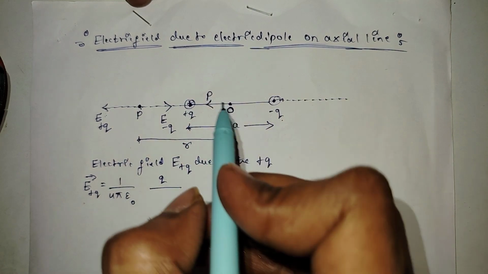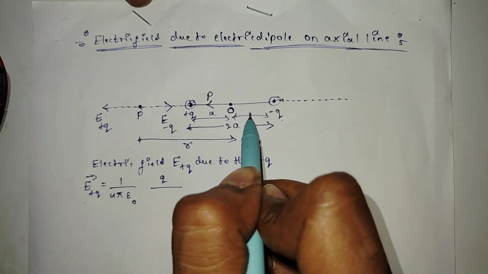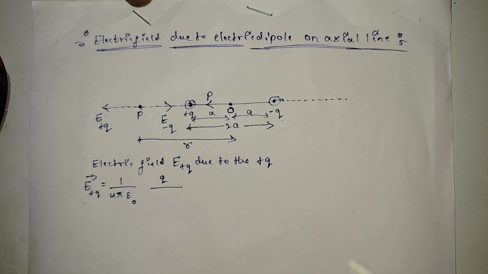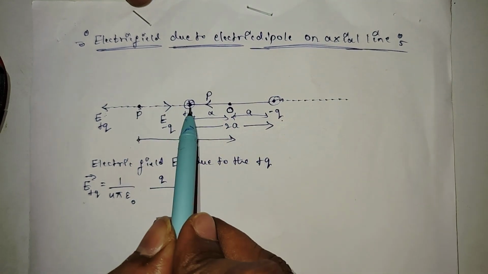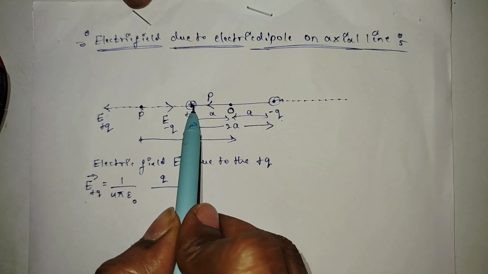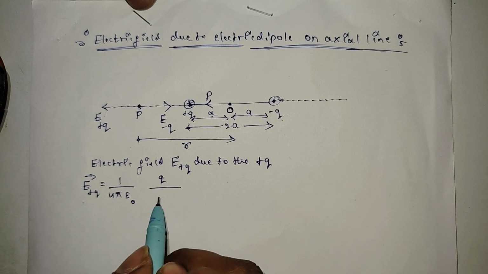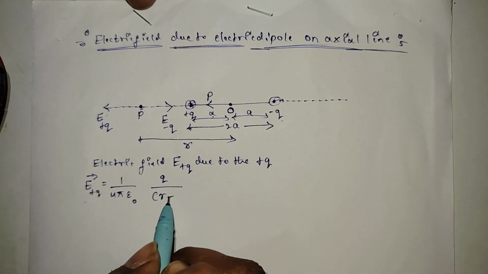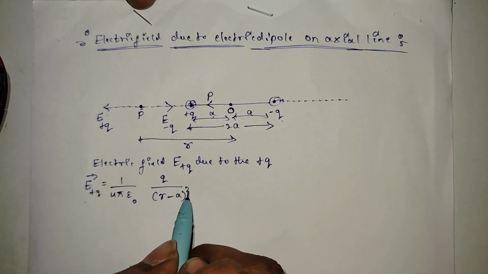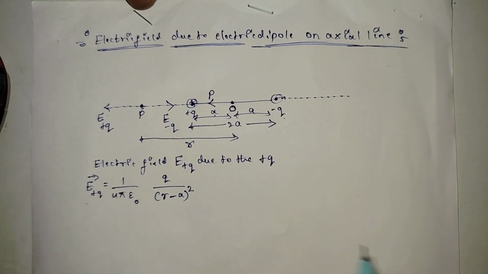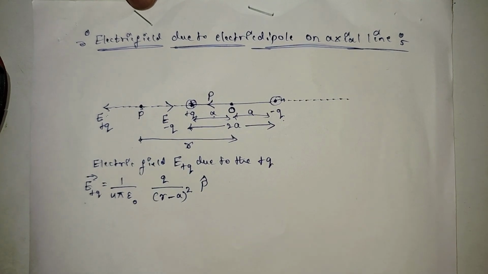Now we consider the distance from P to the positive charge, so I will take r minus a, r minus a whole square. And here p cap is the unit vector.